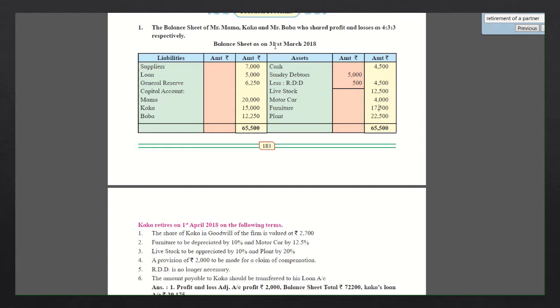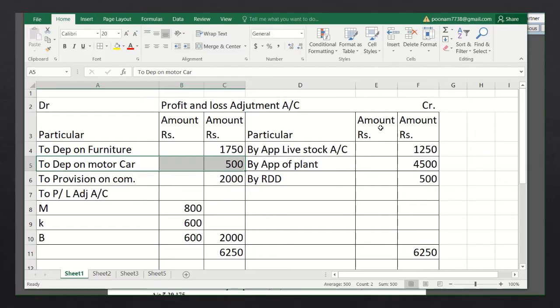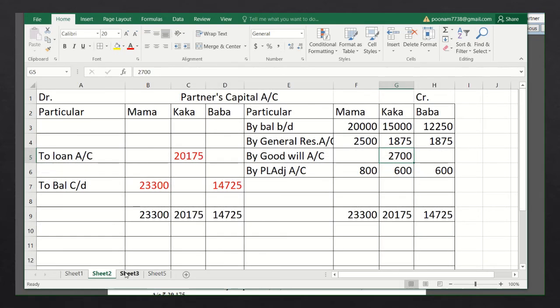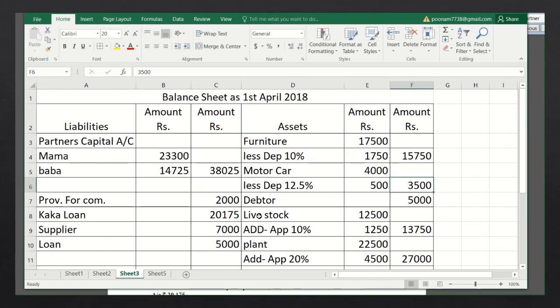After that, students, you can see the adjustment: livestock is appreciated and plant is appreciated. So livestock amount is 12,500 and plant amount is 22,500. So what we have to do, we will go to the balance sheet and first write the old balance sheet amounts in the new balance sheet, that is livestock 12,500, plant 22,500. 10% appreciation means we have to add.